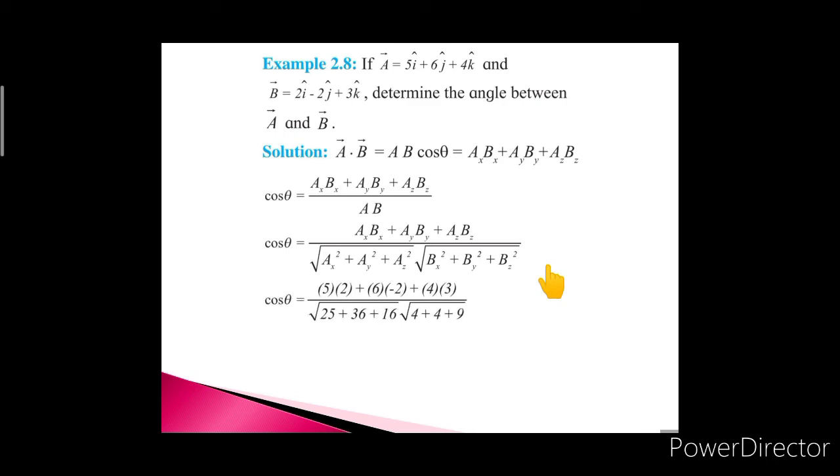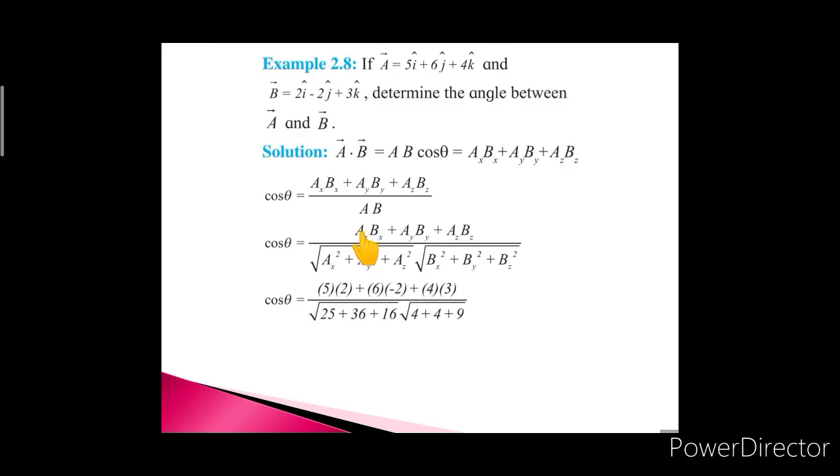Now, in the next step, we are supposed to substitute the values of Ax, Ay, Az, Bx, By and Bz. As over here, Ax is 5, Ay is 6, Az is 4, while Bx is 2, By is minus 2 and Bz is 3. So, here we have to substitute the values.